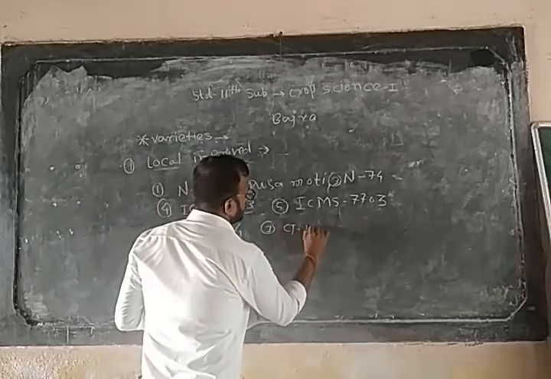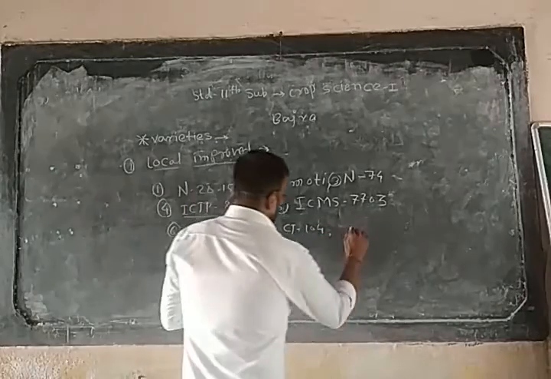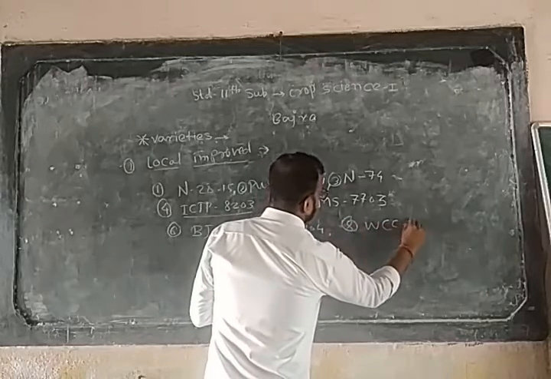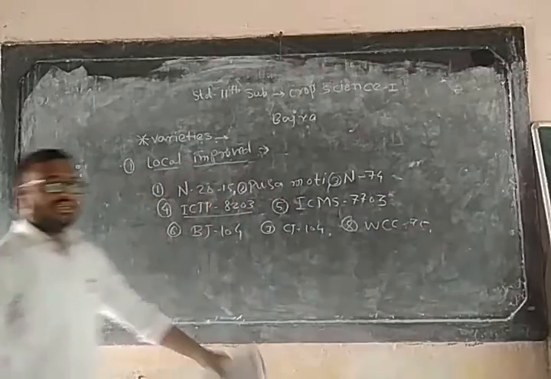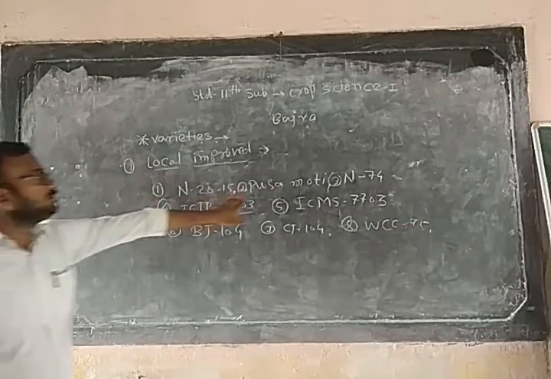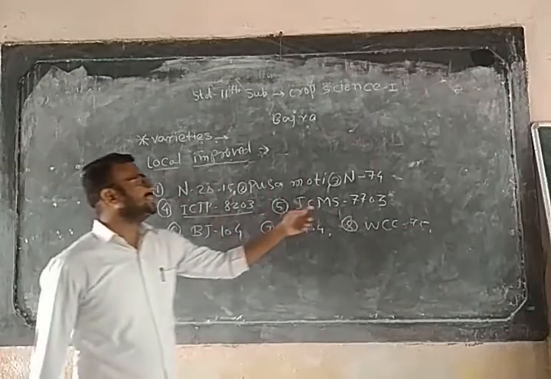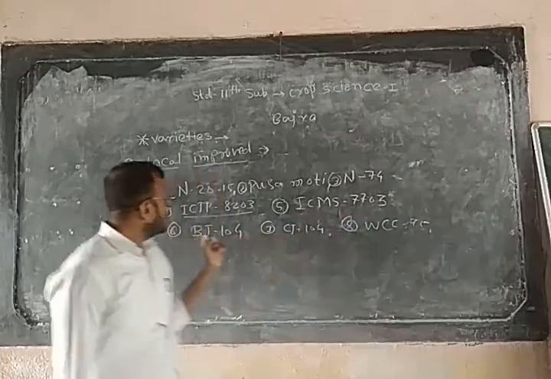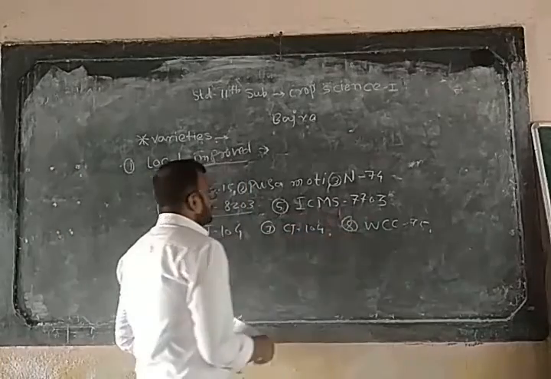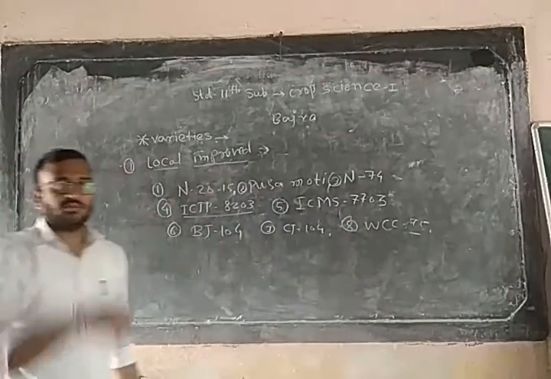Next, the eighth improved variety, WCC 75. These are all the local improved varieties of bajra: N28, Pusamoti, N74, ICTP 8023, ICMS 7703, then BJ104, CJ104, and WCC 75.